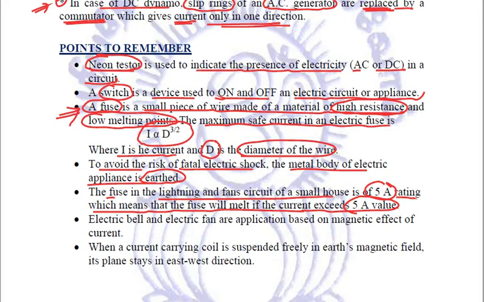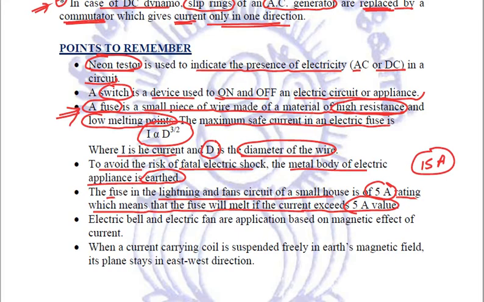Now there are certain power appliances like geysers, microwaves, and air conditioners. They require more current. So for that purpose, the fuse used in these circuits is of 15 ampere. Why? Because we need more current. So there are fuses of variable values depending upon the amount of current required, and we use that kind of fuse.